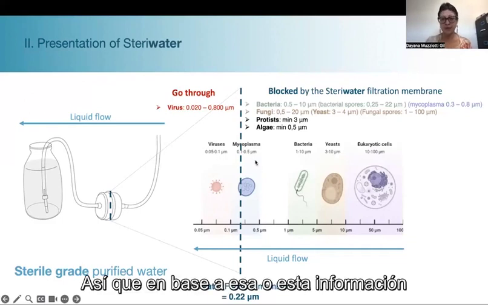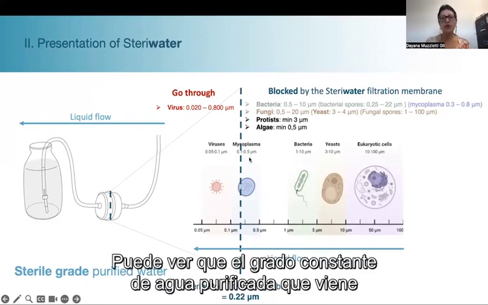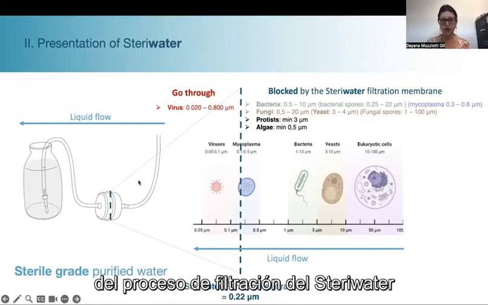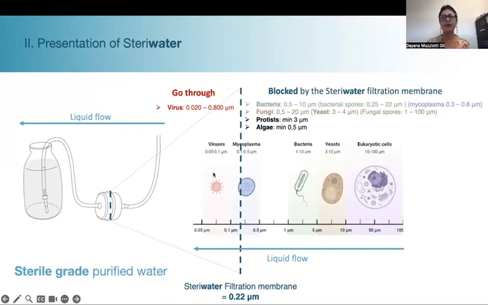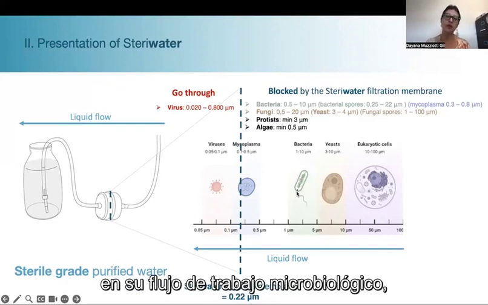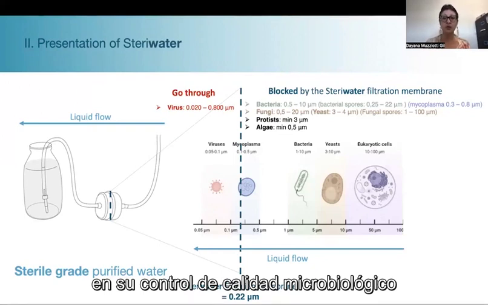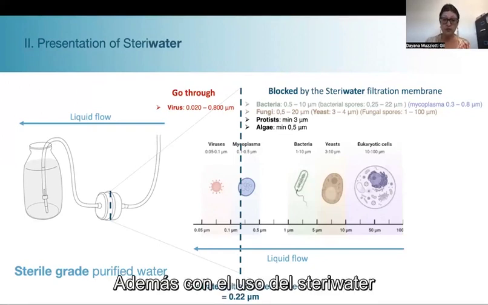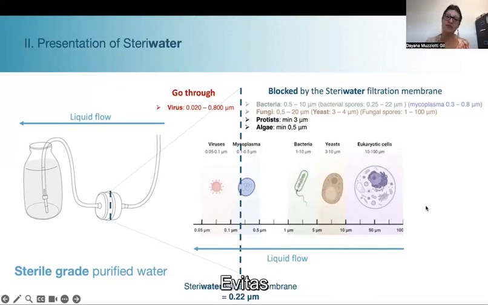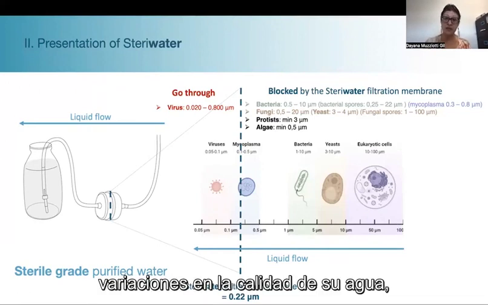Based on this information, you can see that the sterile grade purified water coming from the filtration process can be used in your microbiological workflow and in your microbiological QC. Moreover, with the use of the sterile water, you are avoiding variations in the quality of your water.